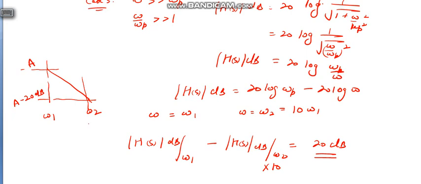So this is 10 times omega 1. So this is a roll-off of minus 20 dB per decade. Okay.